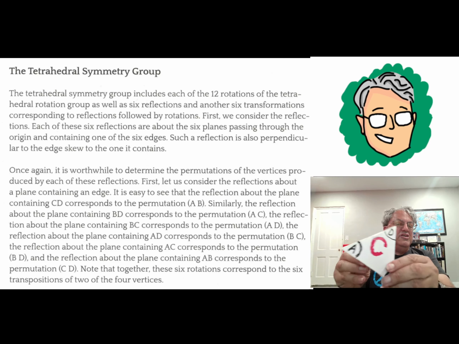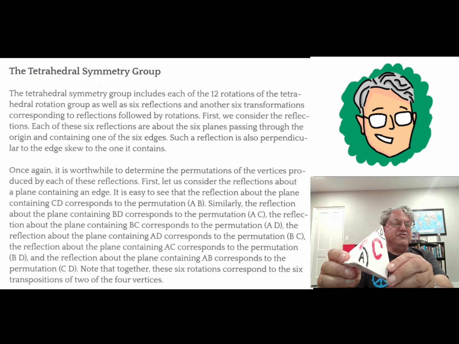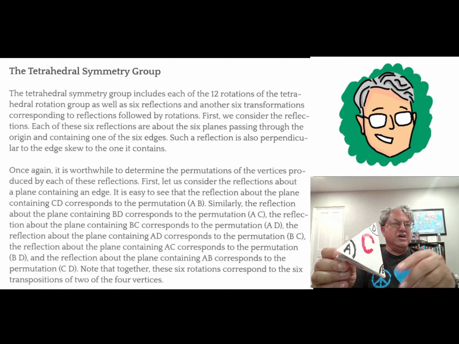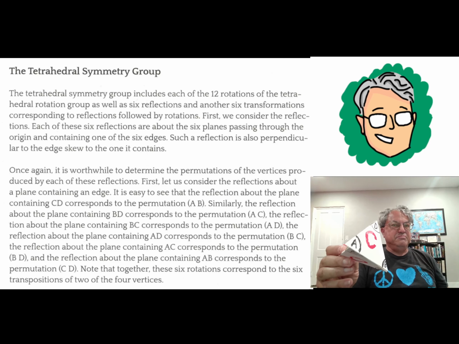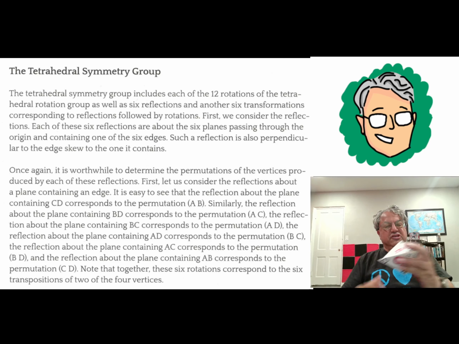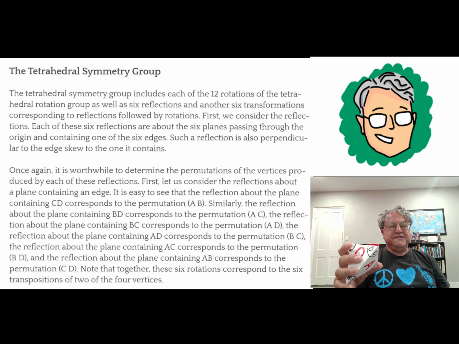And if I do another 120 degrees, then we now have D where B used to be, B where C used to be, and C where D used to be. So those give us two threefold rotations of B, C, and D. And similarly, you can get another 6, so 8 altogether, if you fix one of the other three vertices.